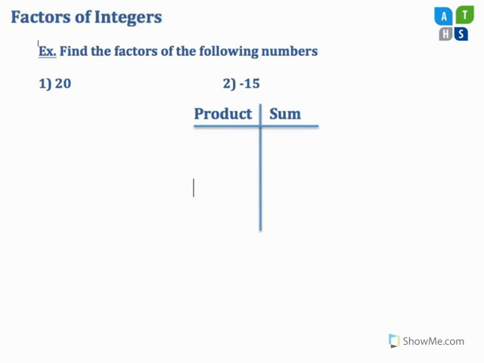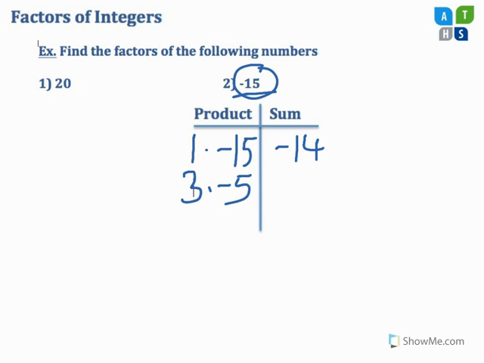Okay, for minus 15, we have 1 times, now, since this is a negative number here, one of my numbers that I find should be negative. If I start with 1, I should write like this, 1 times minus 15, because the product should be minus 15. So the sum will be minus 14. 3 times minus 5, because the product is minus 15, so the sum will be minus 2.